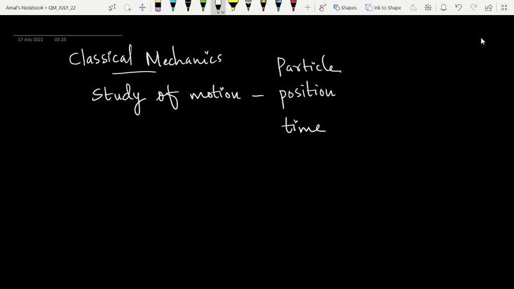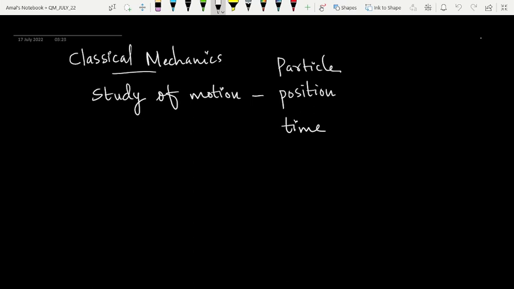So what is the question we are asking when we study the motion? We are interested in how a particle moves. We are interested in describing the motion of a particle in a mathematical way.